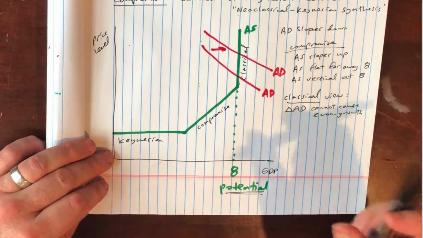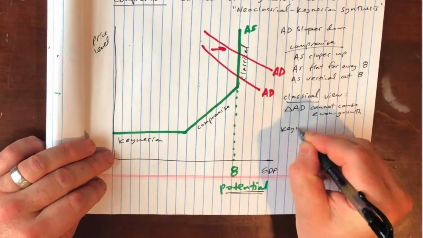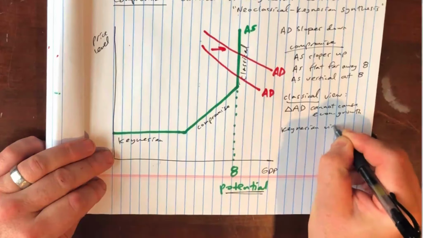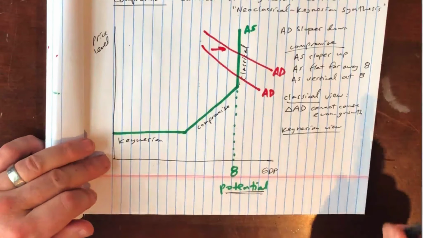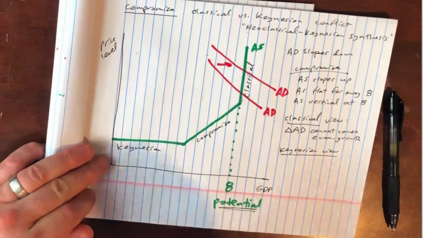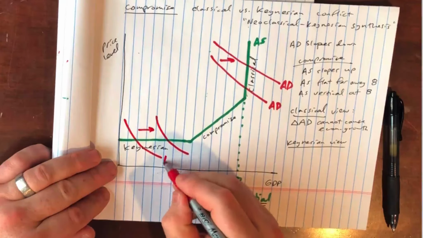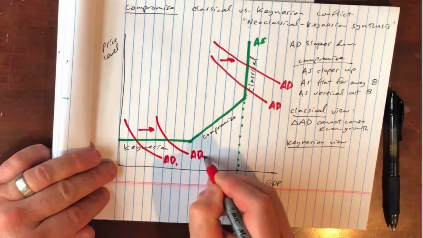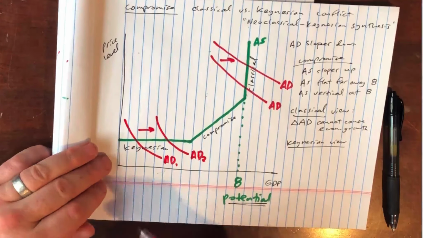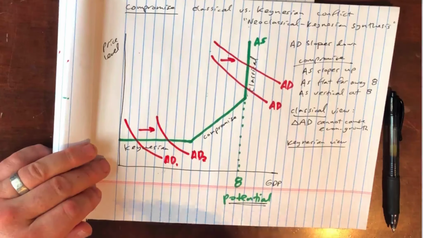For the Keynesians, it's exactly reversed. The Keynesian view is that aggregate demand is everything, right? Shifts in aggregate demand, okay, going from AD1 to AD2 in the Keynesian view, that does everything, right? Does that cause economic growth?